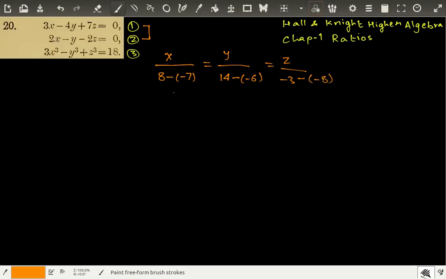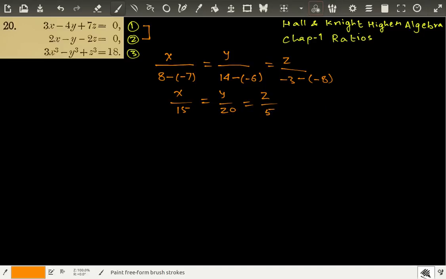So this implies that x over 15 is equal to y over 20 is equal to z over 5.